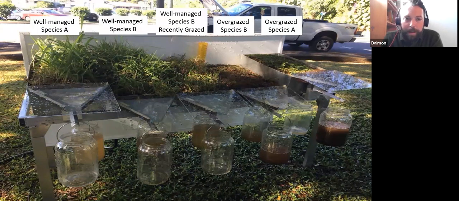So you go to the other end on the very left hand side. There's barely any water that made it into that front bucket, but in that back bucket you can see almost all the water has made it in there. So that shows the amount of infiltration that can happen and capturing the water that you do get.